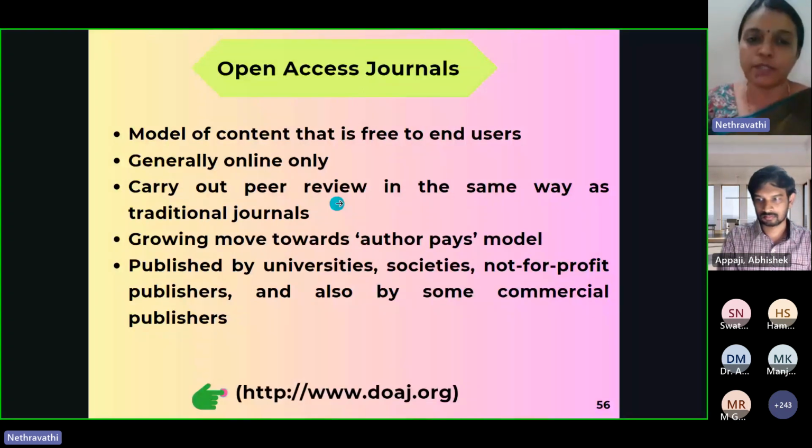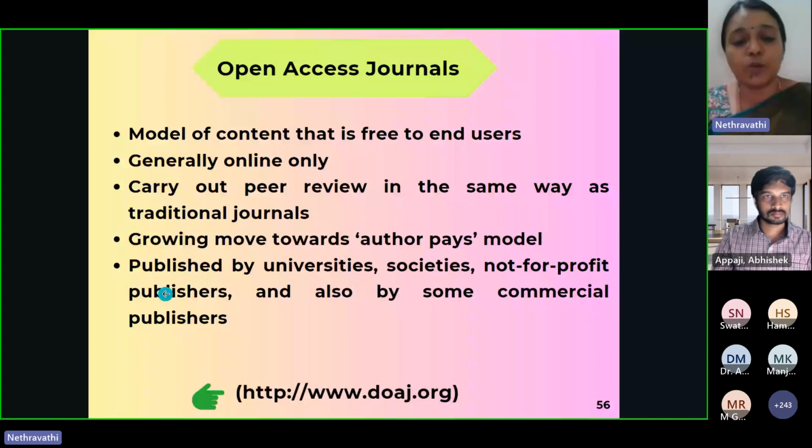So we have some standard open access. Always, if you are going for open access, go for standard publishers like IEEE or Elsevier. Of course, there are many others. You can search and explore it. Exploring journals itself is research. So where is it published? To encourage open access, it is published by universities.